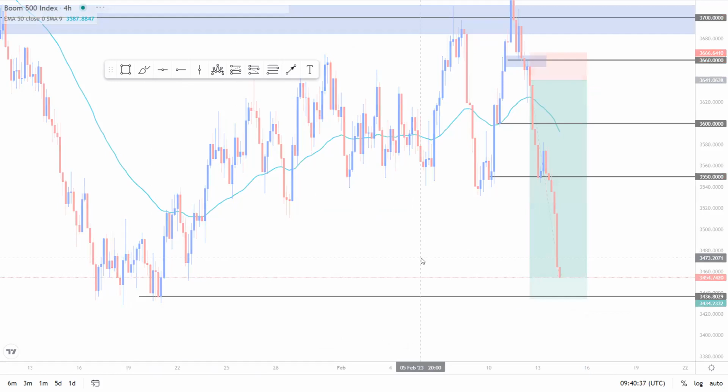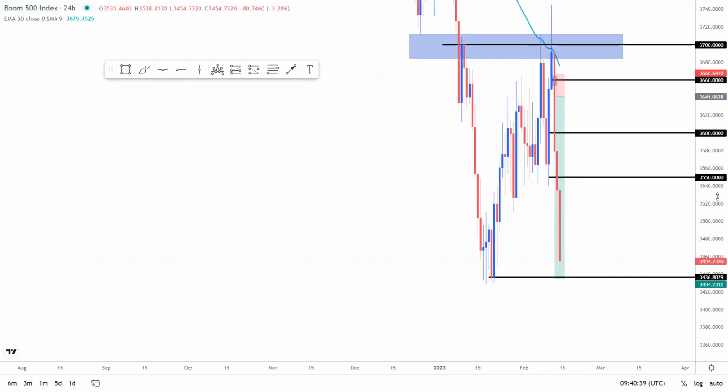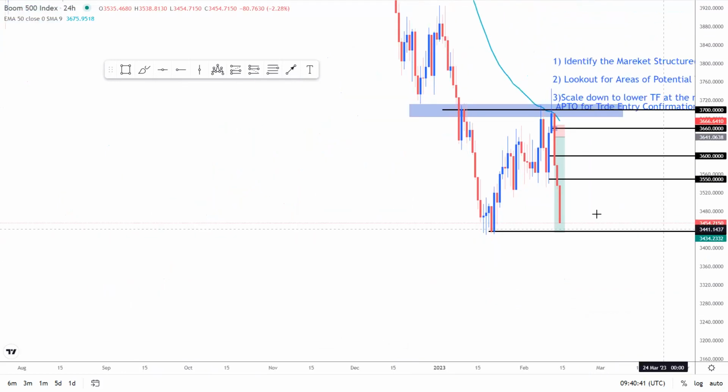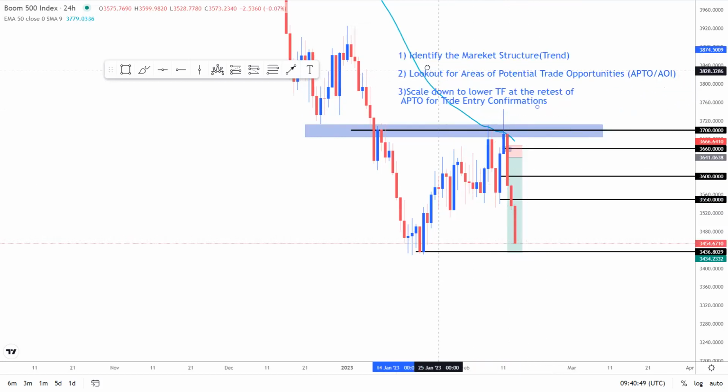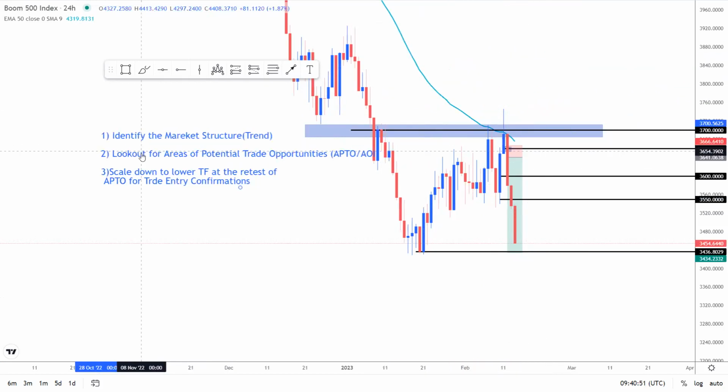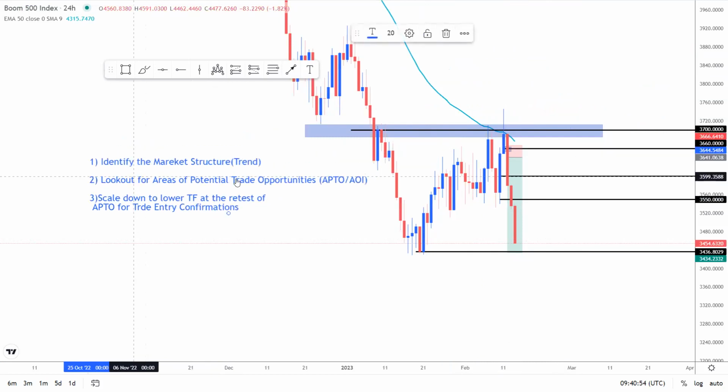So clearly that's the trade I'm currently holding on 500 index, and that's my thought process and the very reasons that led towards my selling 500 index.